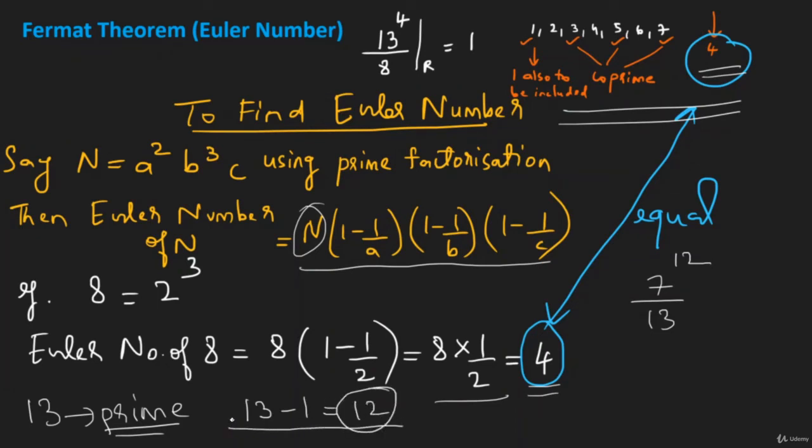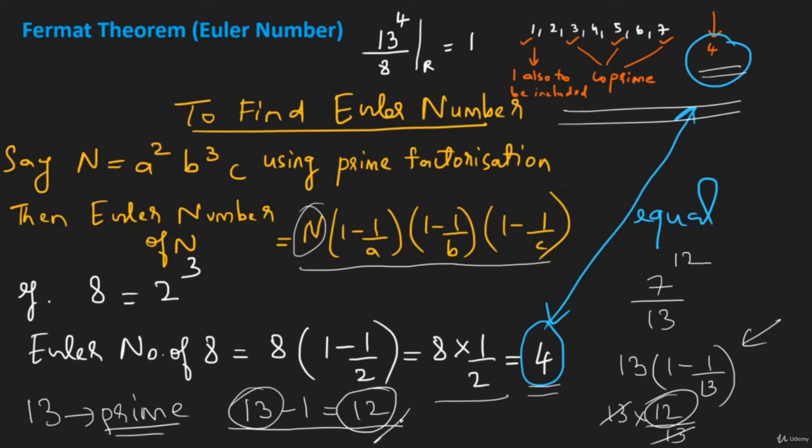As per this formula also you'll get the same thing. You can just write 13 as 13, there is no other way. So the Euler number of 13 is 13 into (1 minus 1 by 13), which gives you 13 into 12 by 13, and your answer is 12. So instead of doing this, you can just subtract 1 from the prime number and you will get the Euler number of that prime number.